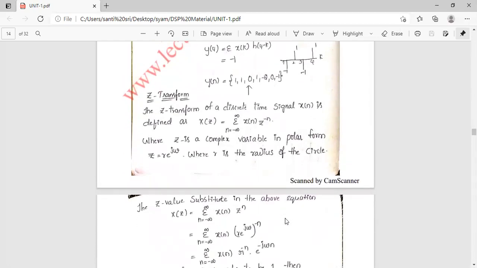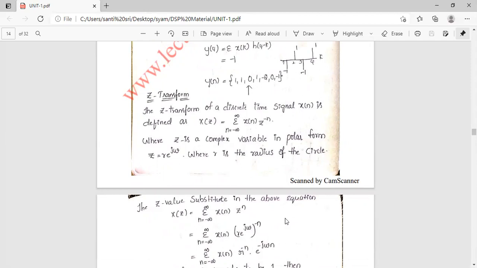The Z transform is defined as X of z equals sigma n equals minus infinity to infinity x of n into z power minus n. We may have a one-sided Z transform or a two-sided Z transform. If n varies from 0 to infinity, then it is a single-sided Z transform.